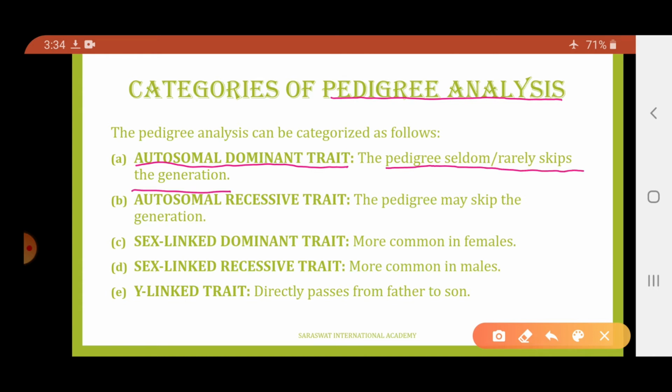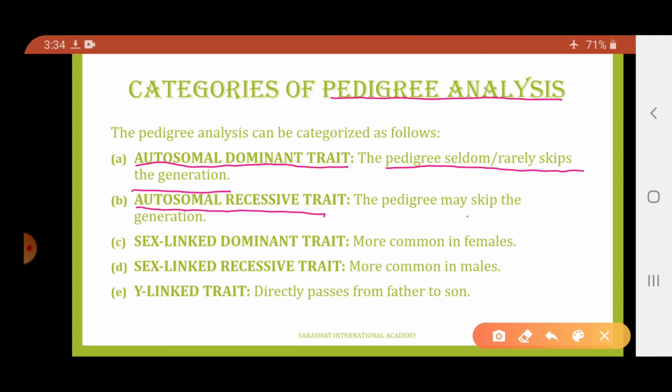As the dominant gene is affected, if suppose a heterozygous condition is there, say for example a dominant gene and a recessive gene, recessive one is normal, but we know that always which one is expressed? Dominant one in the heterozygous condition. So what is that called as? It is autosomal dominant trait, which will be rarely skipping a generation.